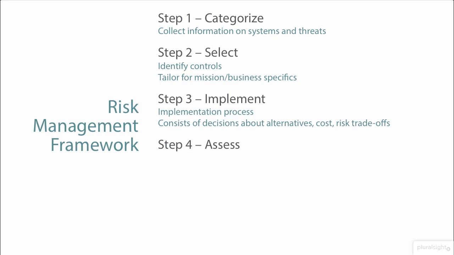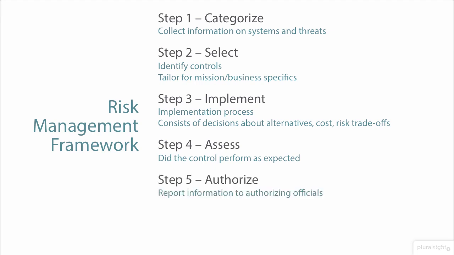Step 4 is then to assess, and that is, did the control, or our implementation, let's put it that way, perform as expected? Is it working the way that we thought it would work? And this includes making sure that we're still in line with the cost that we thought we would spend for it. Did the implementation process work as expected? And is the control performing correctly?